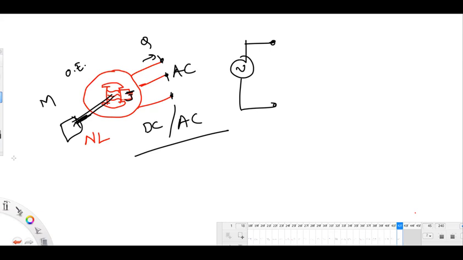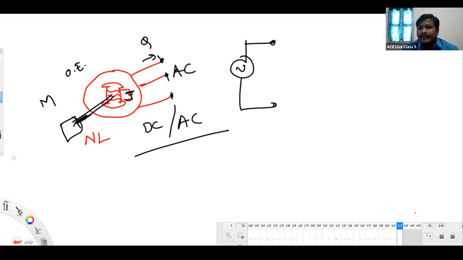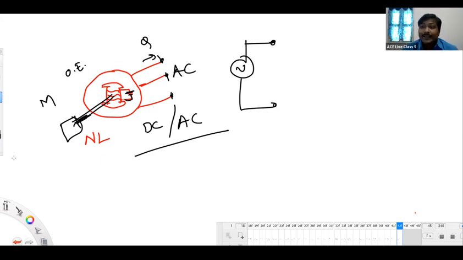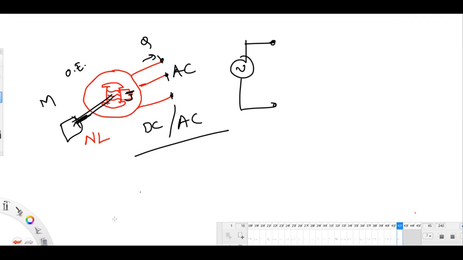If you don't have real power exchange, it does not mean that current equals zero. Who will decide current? Voltage difference will decide the current.